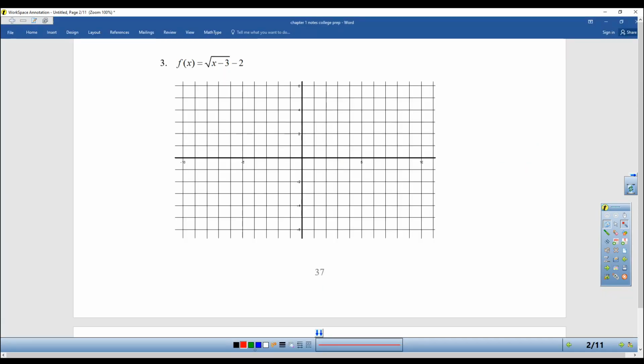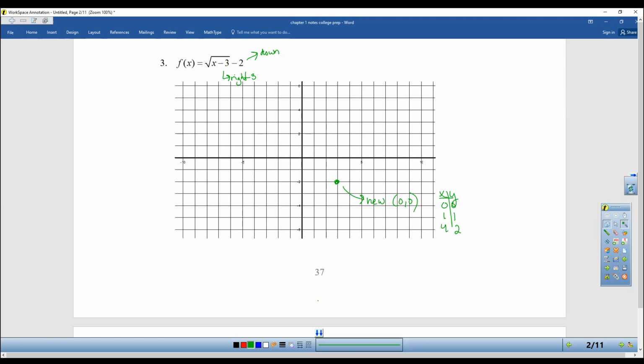So this graph is going to be a square root function that's moved to the right 3 and down 2. I'm going to pretend, right 3 and down 2, that is my new 0, 0. And then I'm going to literally plot the points that I've memorized or on my appendix if I'm in CP. 0, 0, 1, 1, 4, 2.